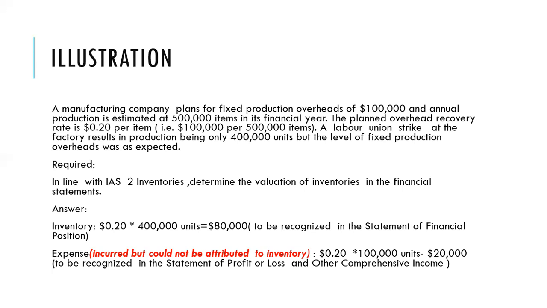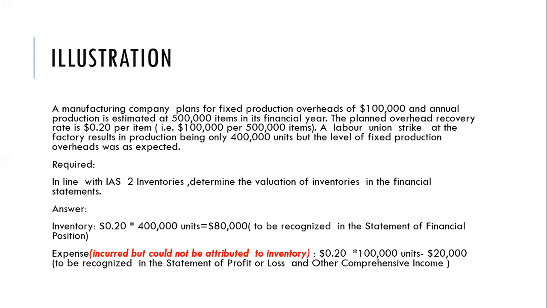A labor union strike, however, disrupted the plan, so we could only produce 400,000 units instead of 500,000. But the level of fixed production overhead was as expected. The fixed production overhead was still $100,000. We said that it doesn't change regardless of your level of production.